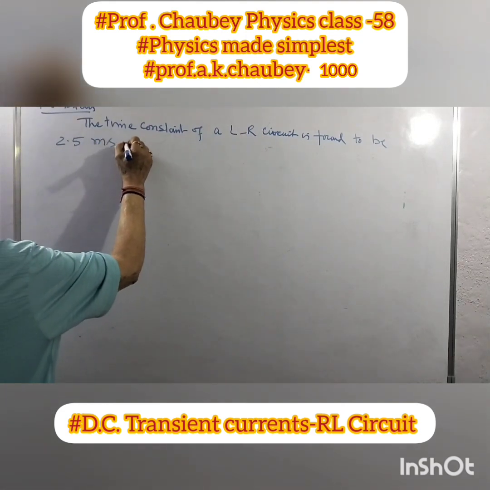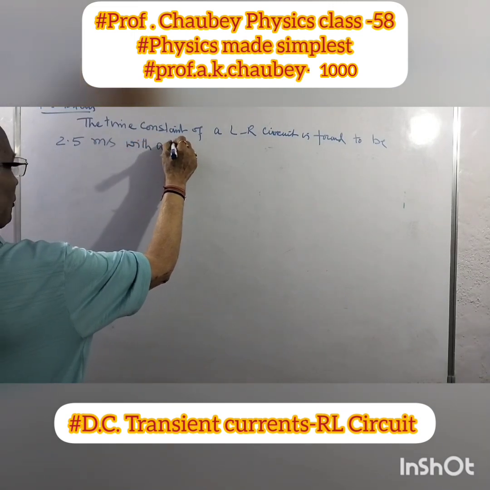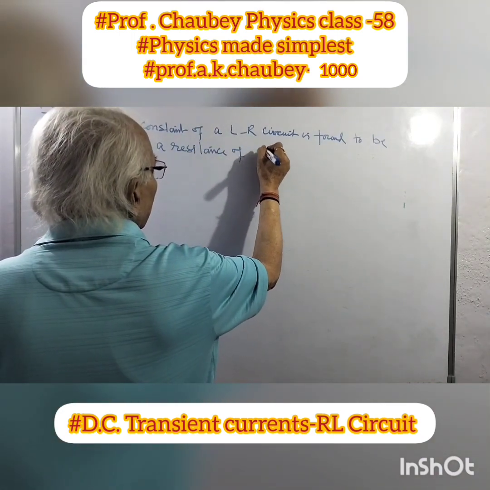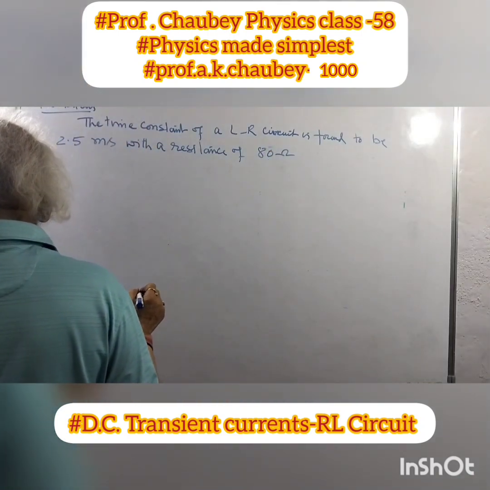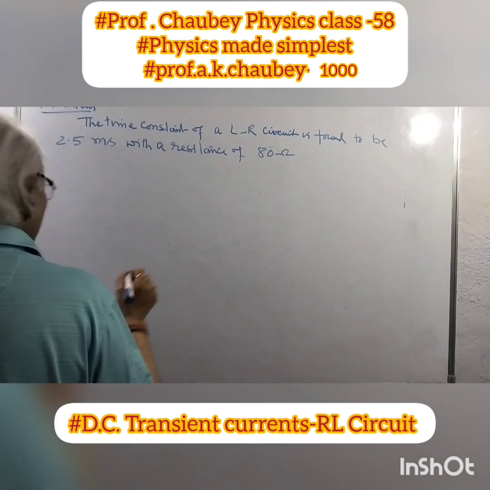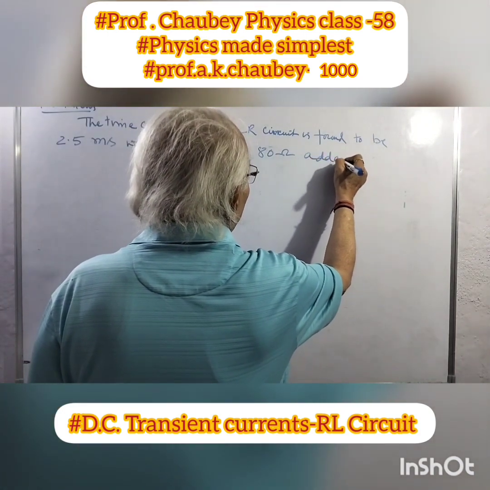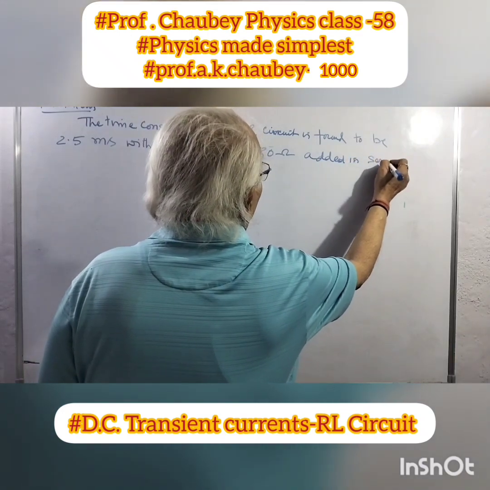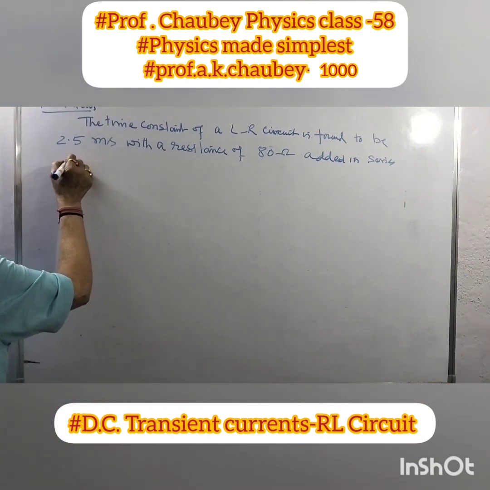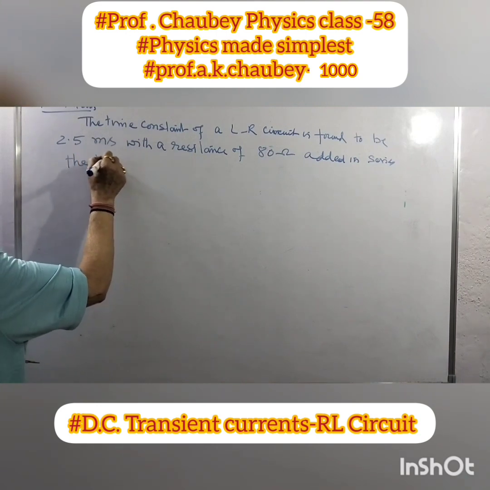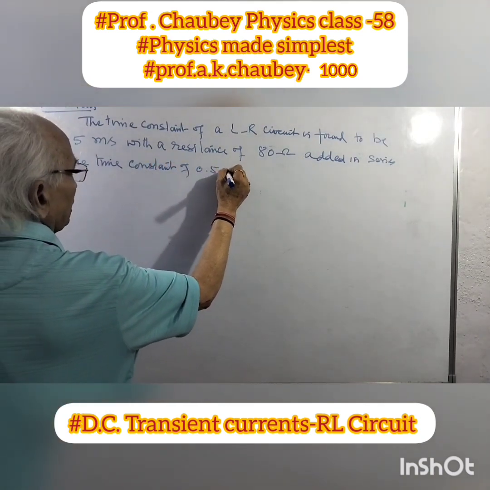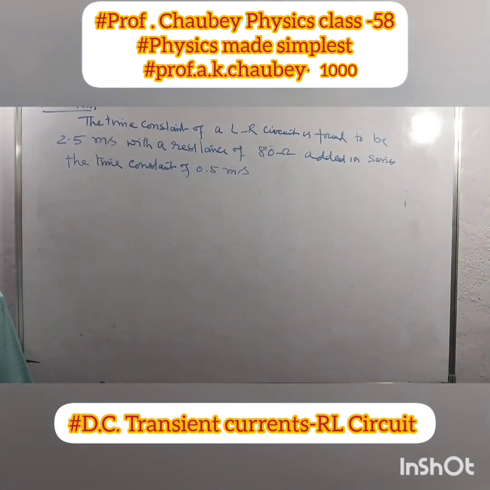With a resistance of 80 ohm added in series, the time constant becomes 0.5 milliseconds.